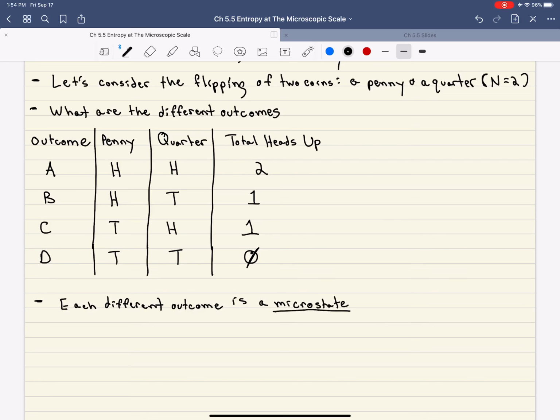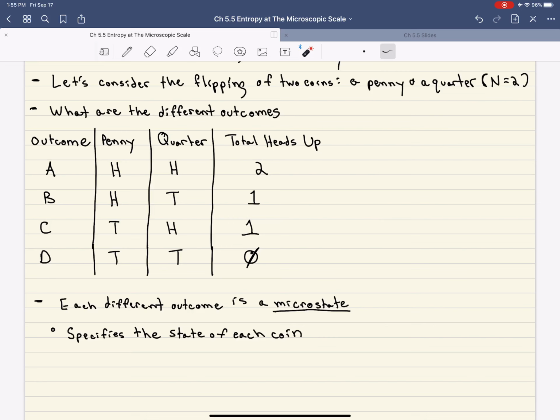Alright, and so in this context, the microstate specifies the state of each coin. Right? So it gives us precise information about the quality of each coin.